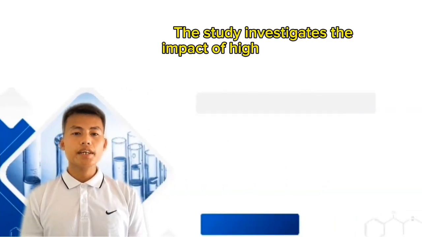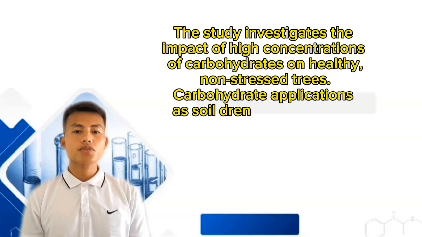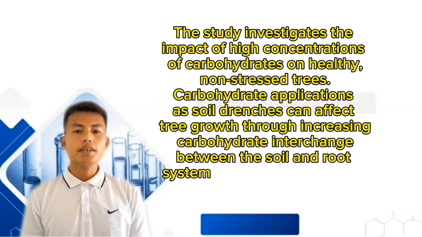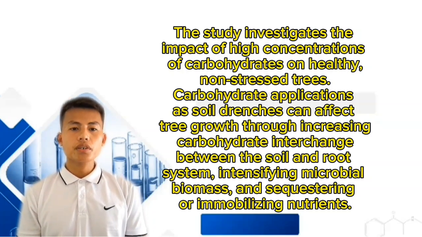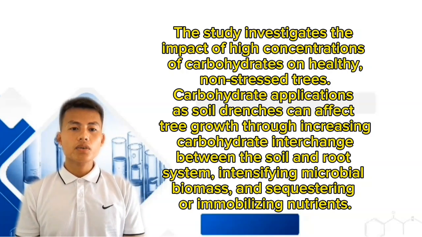This study investigates the impact of high concentrations of carbohydrates on healthy, non-stressed trees. Carbohydrate applications as soil drenches can affect tree growth through increasing carbohydrate interchange between the soil and root system, intensifying microbial biomass and sequestering or immobilizing nutrients.